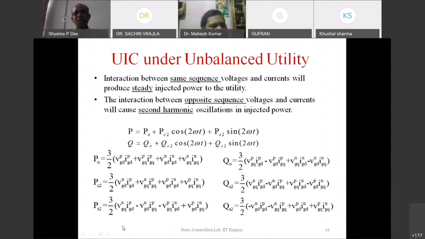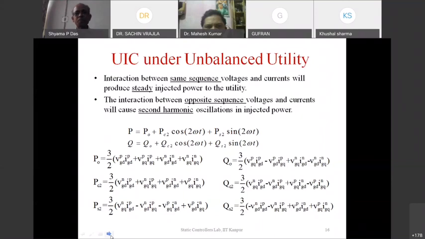Similarly, the reactive power QC2, and we have the sine component of real power PS2 and sine component of the reactive power QS2. So the oscillatory components are because of the interaction of positive sequence component with negative sequence component.